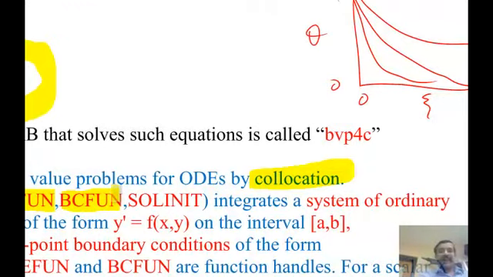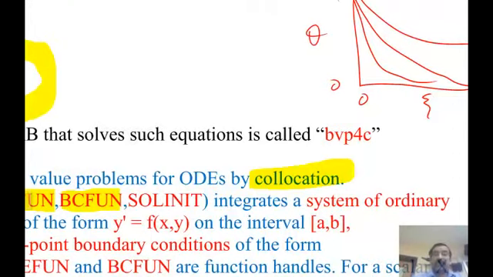In the case of ODE fun, it's going to take y1 and y2 as input and return f1 and f2 as output to BVP4C. And then BVP4C will use that to construct the curve for you. And when it reaches the boundaries, it needs to ask your function by sending the two values for y1 and y2 at the left boundary and at the right boundary. So we need to understand what the inputs are for ODE fun and for BC fun.